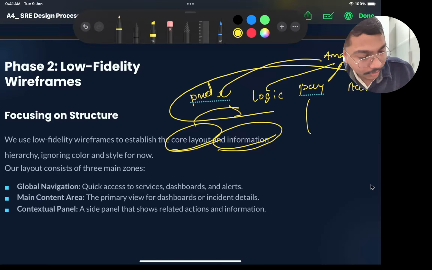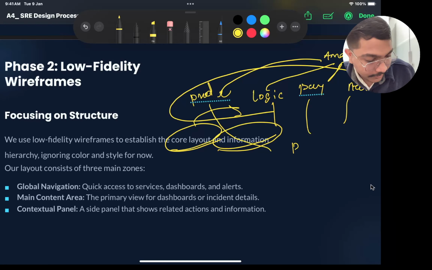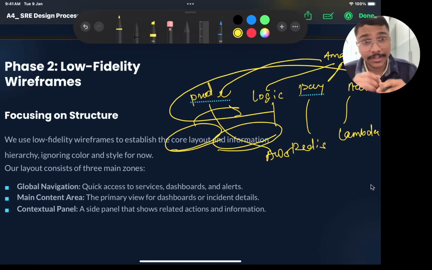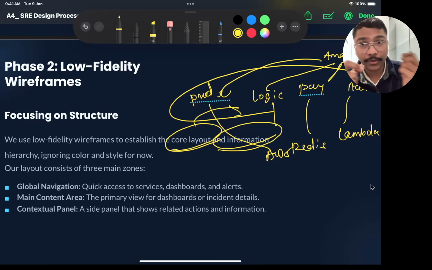Now again, this all depends on some Redis services, some in backend, some AWS services, some depends on Lambda services. It all depends. So my whole architecture, how it is defined, how OpenTelemetry logs and traces are actually wired together. These are my low fidelity wireframes.